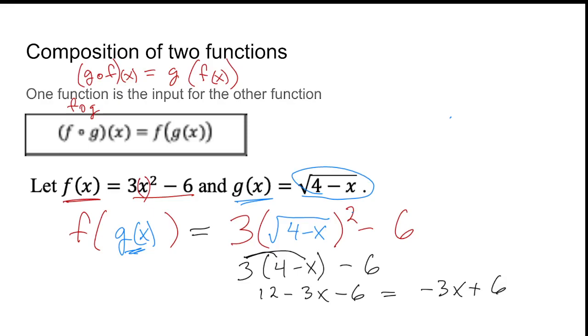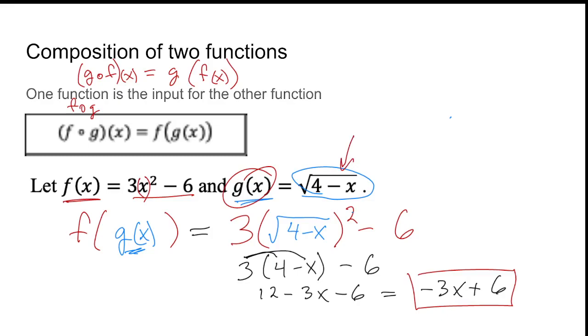Now we want to be careful here though, because of the answer we've arrived at, it looks like our domain would be all real numbers, because we could plug any x value in here and we're just fine. But notice that the first input is g of x. Does anyone see any issues with this first function? So x is first going to go in here, before it gets squared.